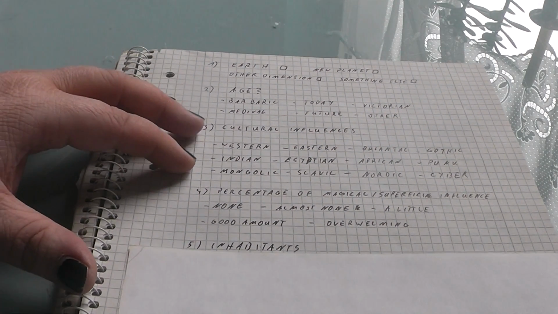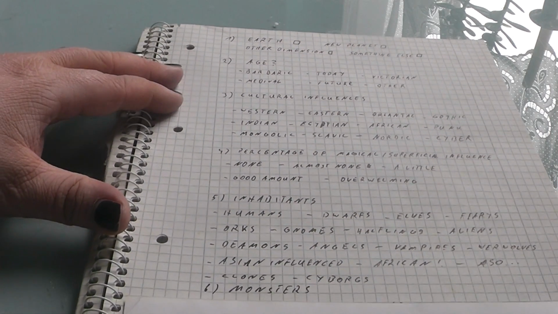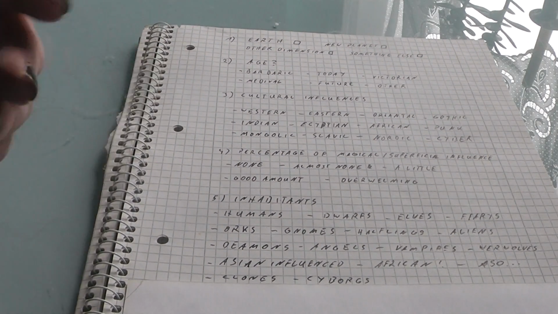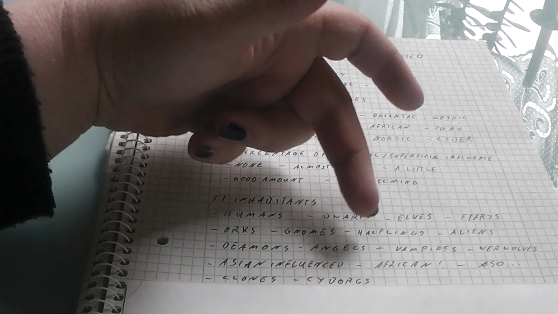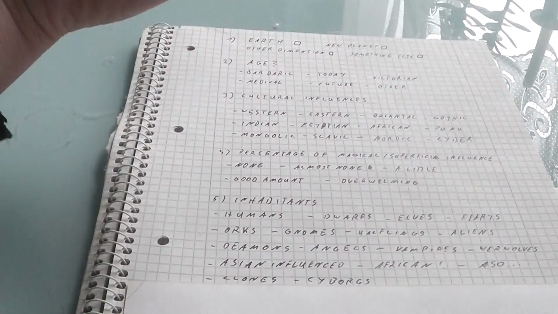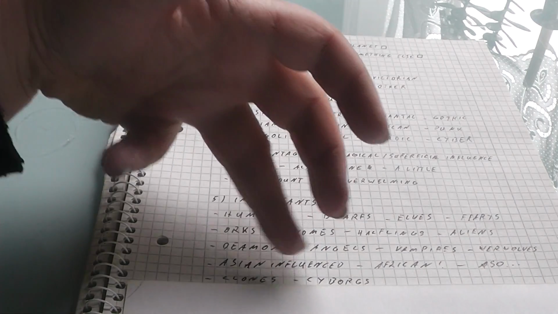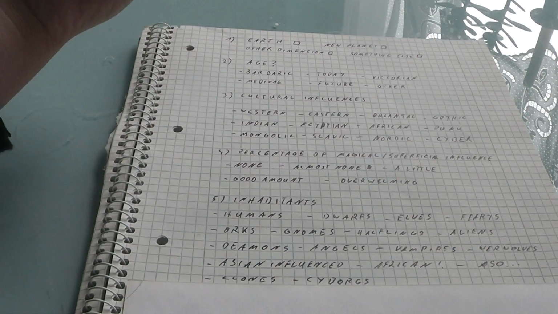So, the inhabitants. What do you want to have in your world? Normal humans, then dwarves, elves, fairies, orcs, gnomes, halflings, aliens, demons, angels, vampires, werewolves, or even Asian-influenced stuff, African-influenced stuff, and so on.